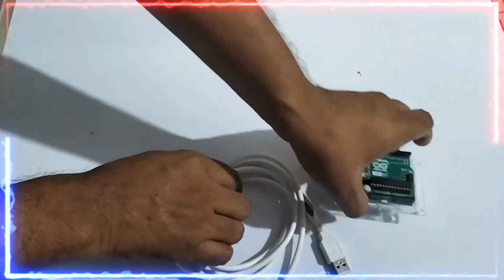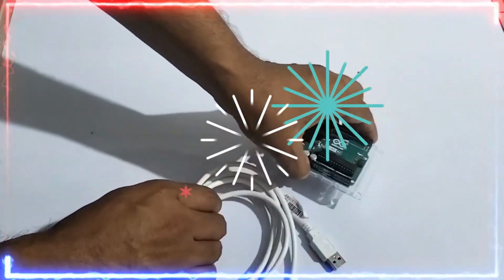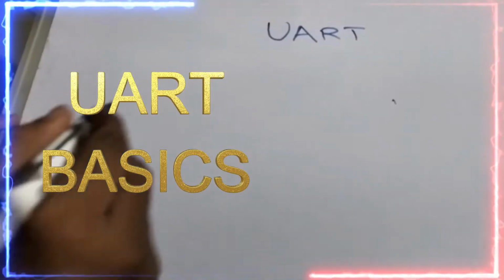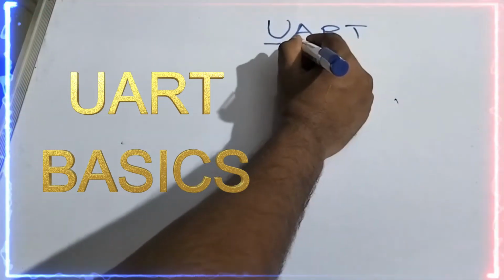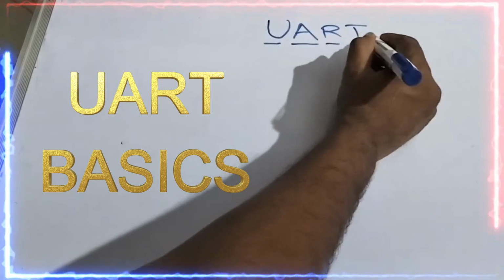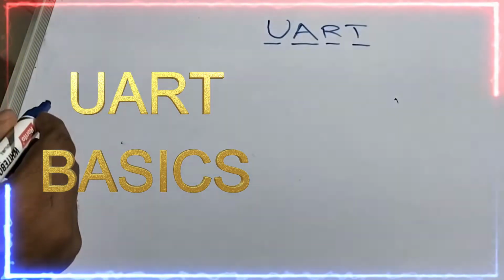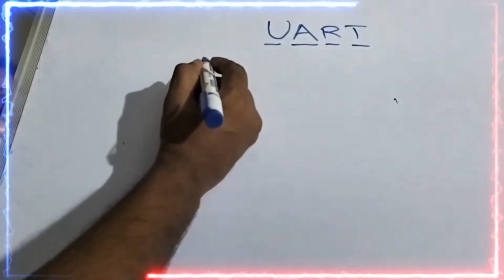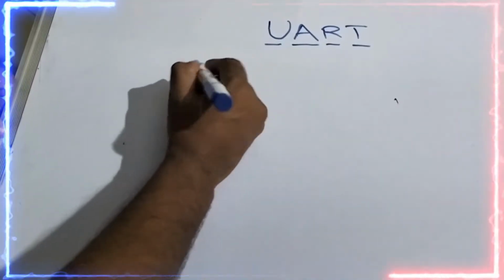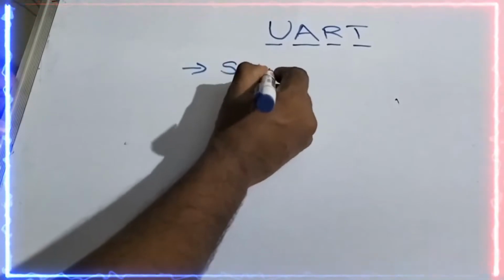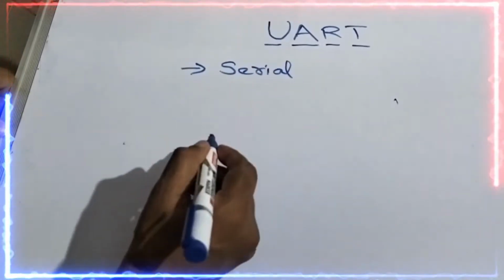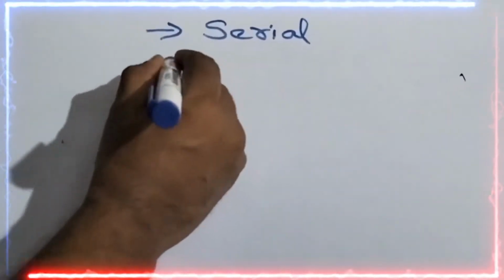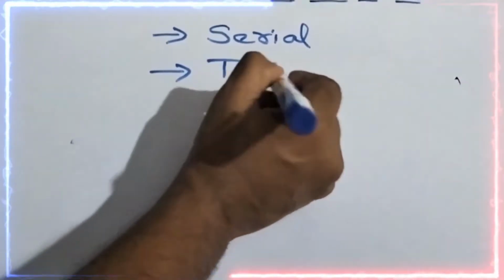Now let us go to some basics of UART, friends. What is UART? It is Universal Asynchronous Receiver and Transmitter, which transfers the data serially. It has two pins, one is TX, another one is RX.